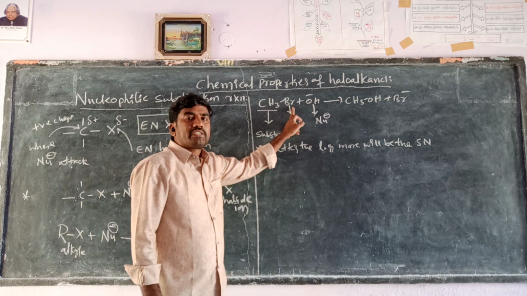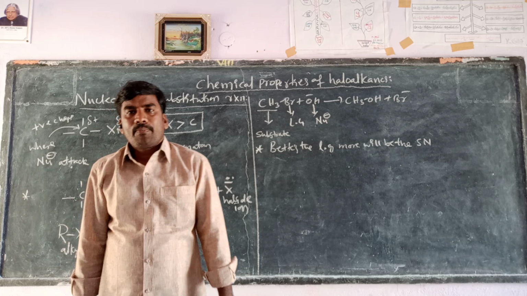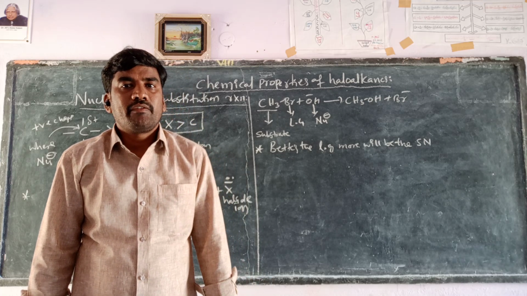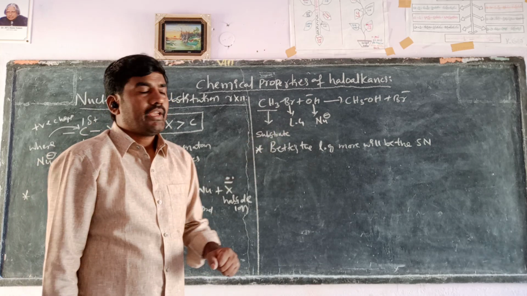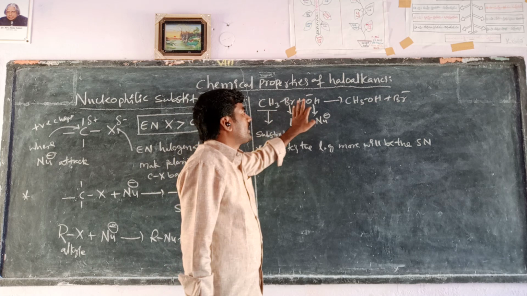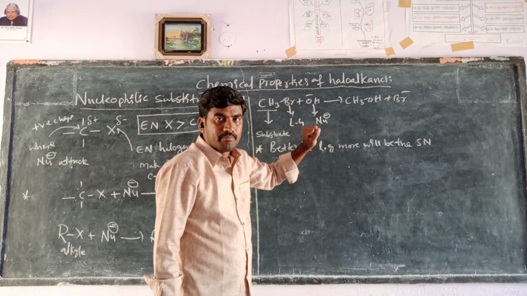Here Br minus is a leaving group which departs with a pair of electrons by heterolytic bond cleavage to form the halide ion, and the new bond is formed with the carbocation by the OH group, the new nucleophile which is stronger than the halogen atom.